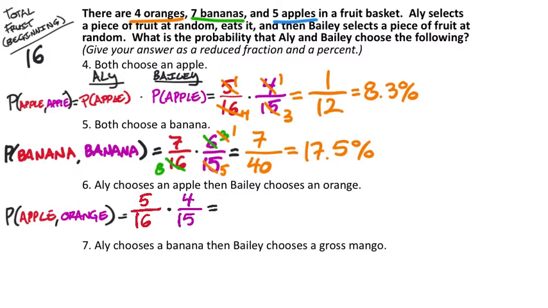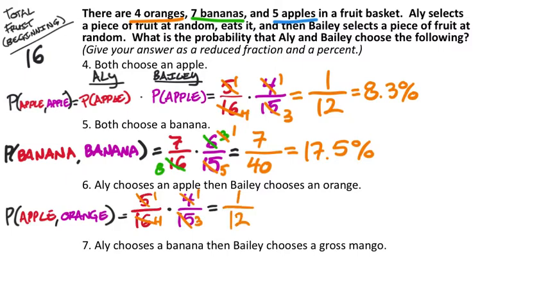And you can see this is pretty much the same exact probability we saw in number 1. The 4 and 16 simplify. We can cross-simplify those. Same with the 5 and 15. Of course, you're always welcome to just use a calculator on these in order to simplify them, but with cross-simplification, that makes it easy. In the numerator, 1 times 1 is 1. In the denominator, 4 times 3 is 12.